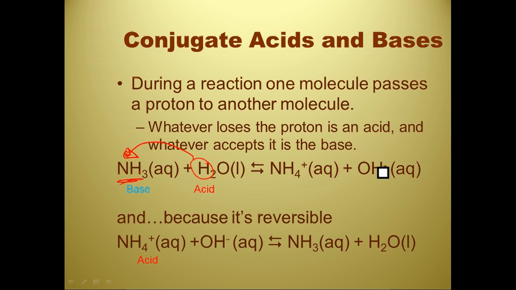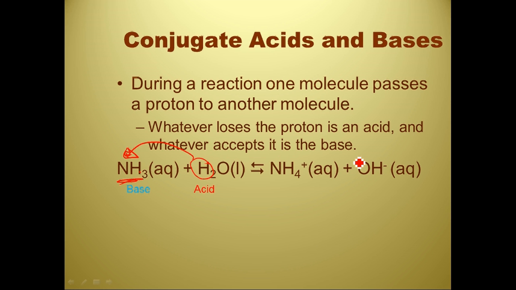So I'm going to have to erase that. What I can label this as though, this hydrogen, one of those can be given to the hydroxide. If the hydroxide gets an extra hydrogen, it becomes HOH, also known as H2O, which is over here. So this looks like it's going to be my acid, and I'm going to label that as a conjugate.